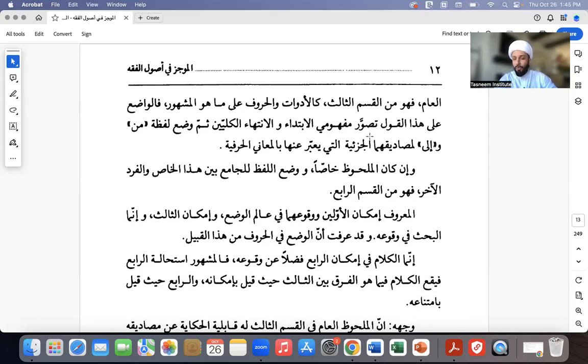فالواضع على هذا القول تصور مفهومي الابتداء والانتهاء الكليين ثم وضع لفظة من وإلى لمصاديقهما الجزئية التي يعبر عنها بالمعاني الحرفية. So here he says that an example of this is, imagine the وضع, the designator, thinks of and conceptualizes the general idea of beginning or end.